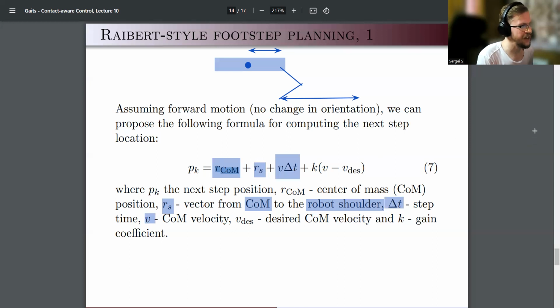But now you have this final component, which is the most important one. That is K, the Raibert gain, times the difference between the current velocity and the desired velocity. So if the current velocity is lower, this would be negative, and this term would be smaller.